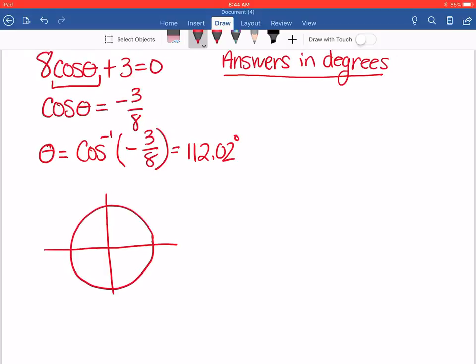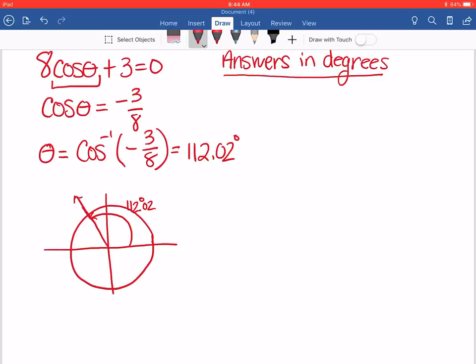If we look at this on our unit circle, 112 degrees is going to fall somewhere in here. I'm going to open up this way, and I'm going to have 112 degrees. Oh, sorry, 112.02 degrees. Now, cosine represents our x value on the unit circle where that angle terminates, that point on the circle.